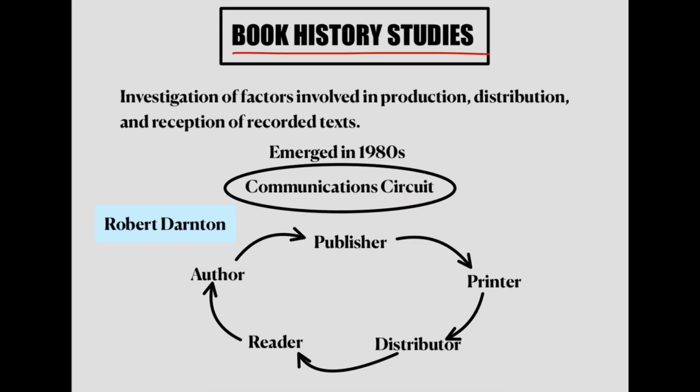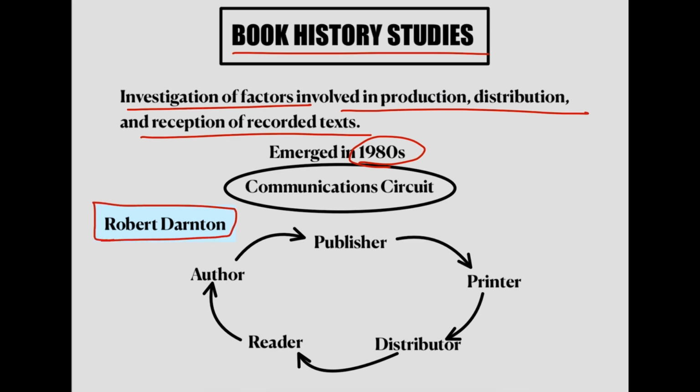Next is book history studies. This is an investigation of factors which are involved in production, distribution, and reception of recorded or written texts. It emerged in the 1980s. Robert Darnton was a historian who in 1982 published a book, and in that book he talked about the communication circuit.